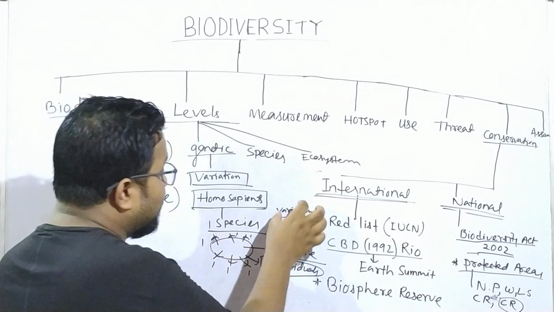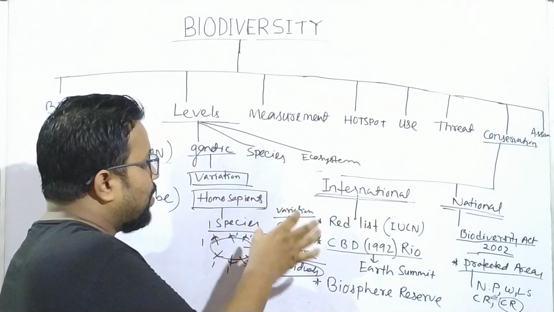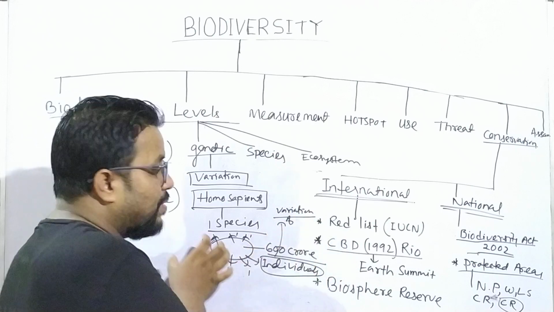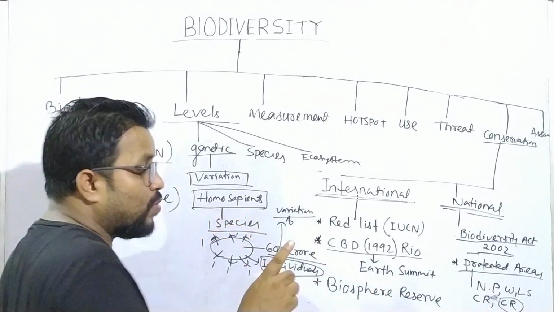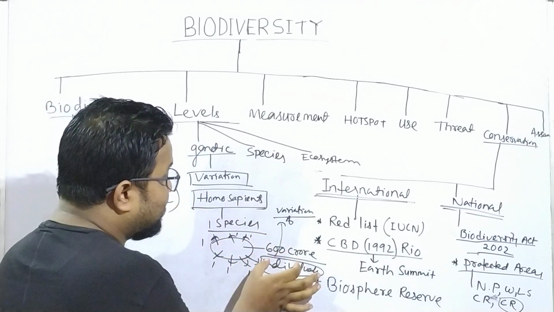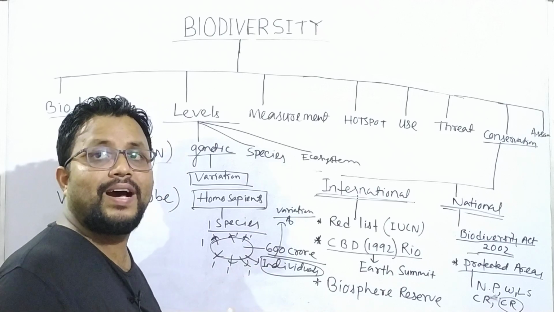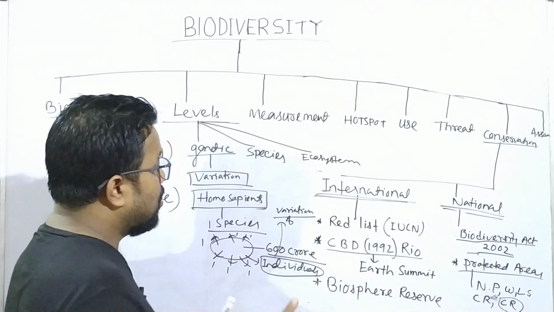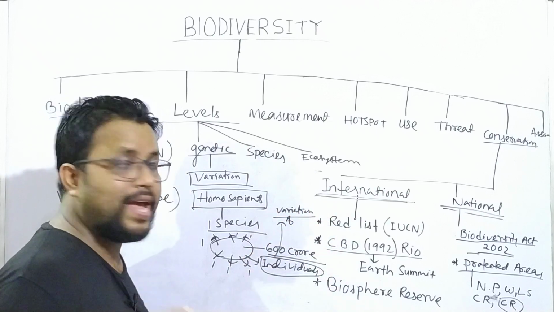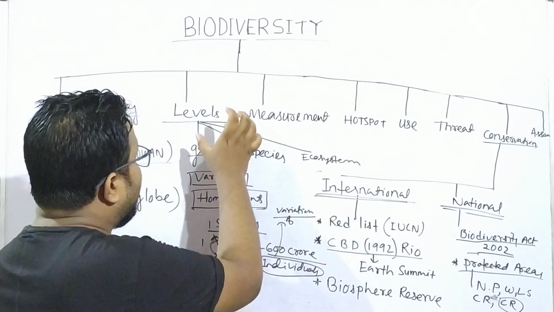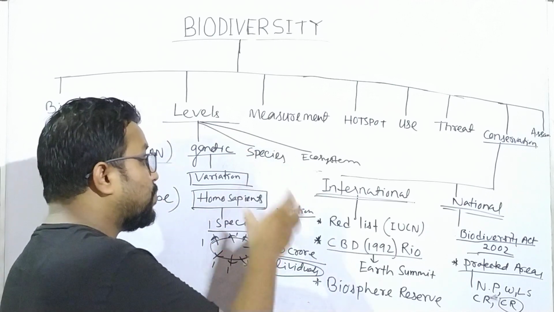The species is the same, Homo sapiens, one single species, but there are 600 crore individuals, and no two look similar because they have variation of genes. So here biodiversity occurs because of variation of genes.